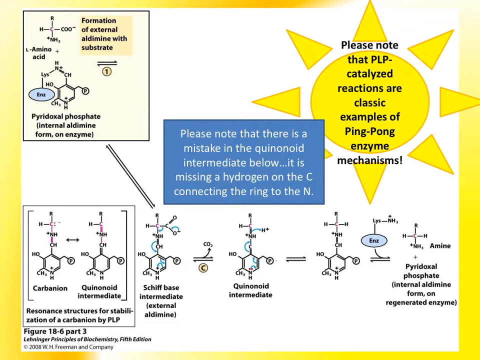Something's going to break or give, and it's that carbon-carbon single bond. They don't show it very well, but whenever that happens, this leaves as a CO2. So that's why it looks like this.